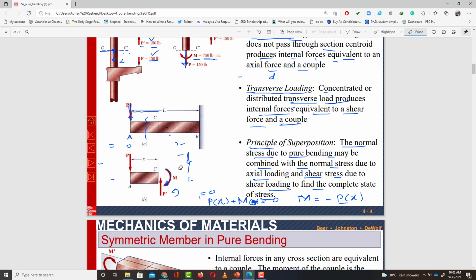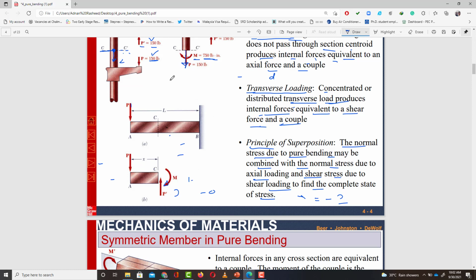The principle of superposition tells us that you can add normal loading with the stresses that are generated due to pure bending, and shear stresses to the shear loading.